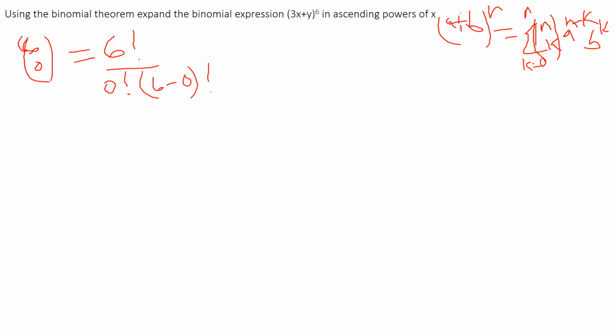And remember, this gives us 6 factorial divided by 6 factorial multiplied by 0 factorial. So remember, this and this cancel, so we are left with 1, because 0 factorial is the same as 1. So that is what we are going to apply to get the binomial theorem.